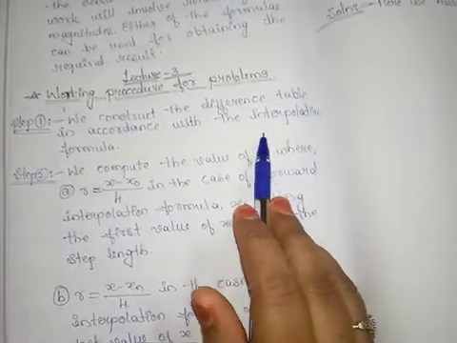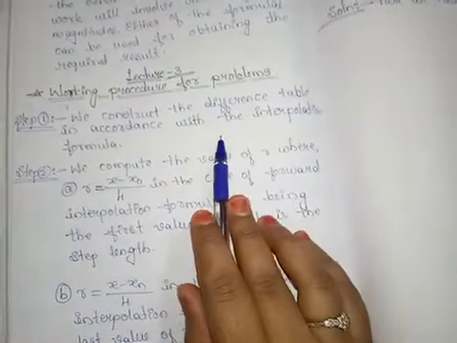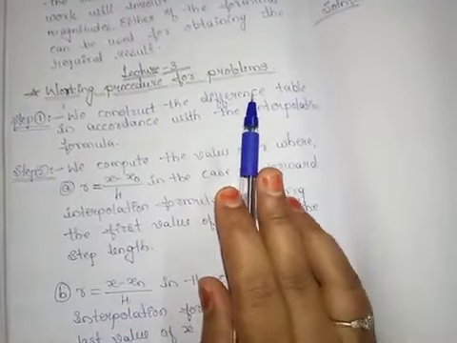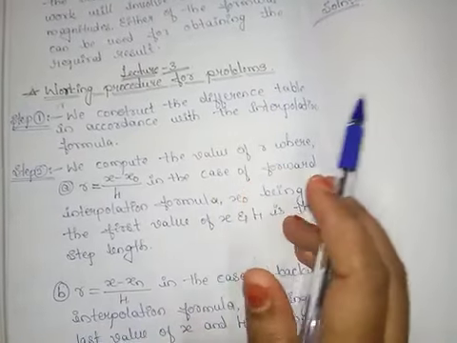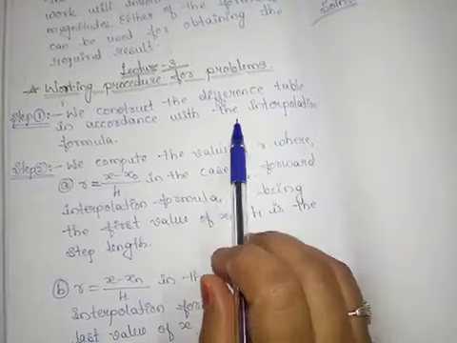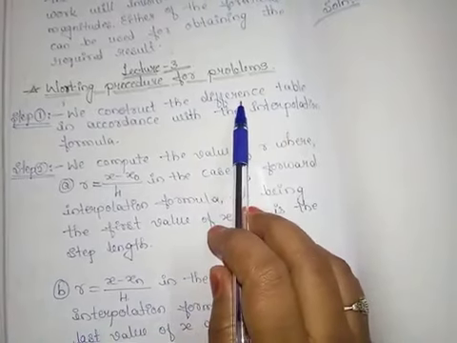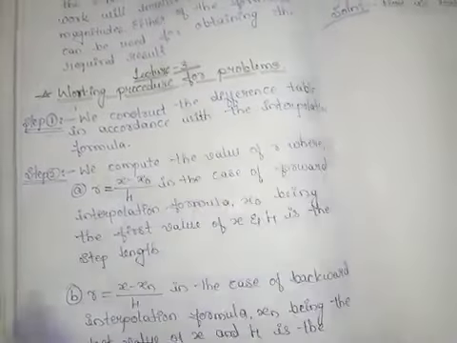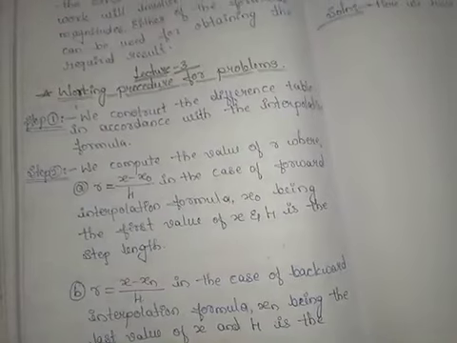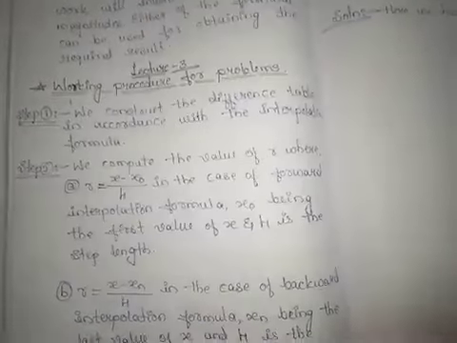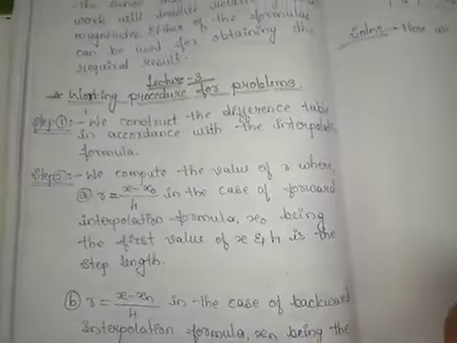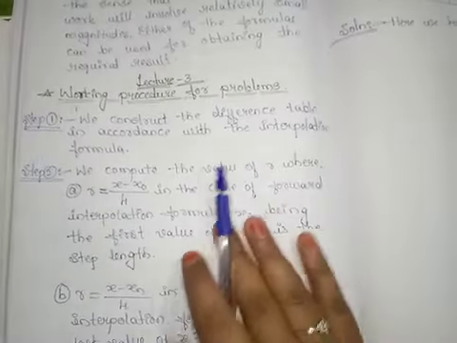No doubt, the difference table is the same for backward and forward differences. We have to first form the difference table and analyze which interpolation formula is applicable for the given example.